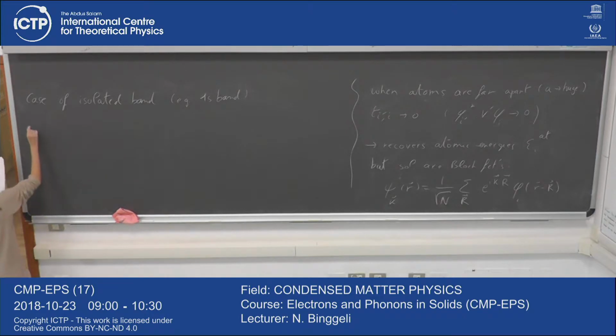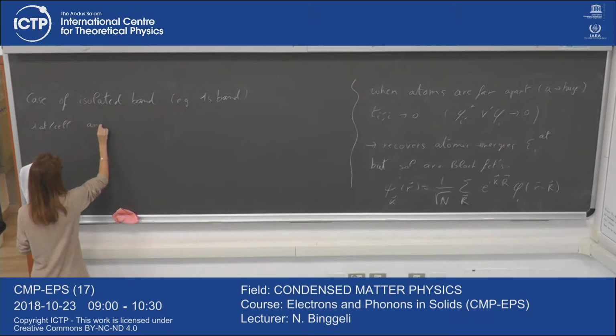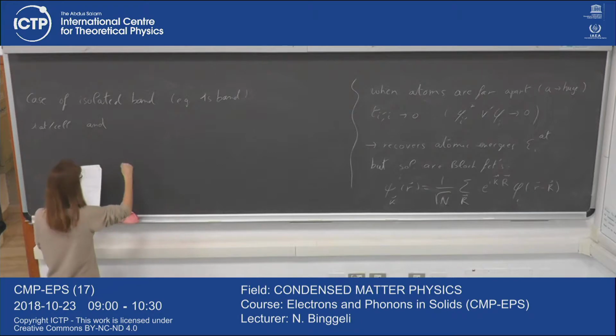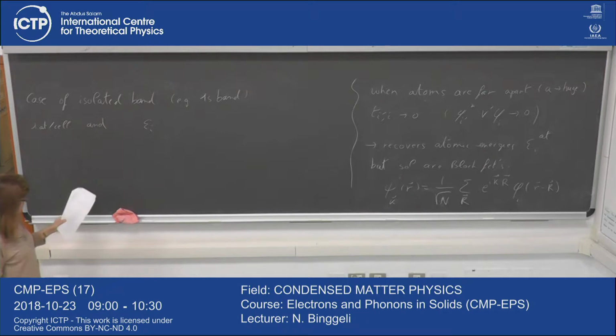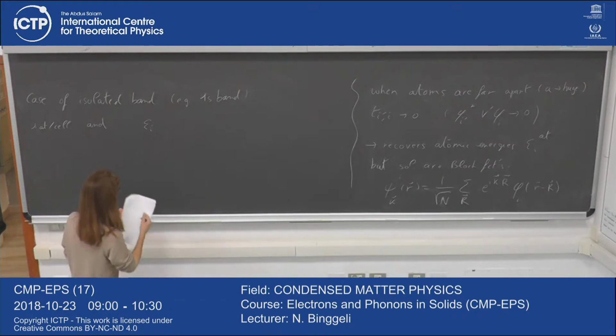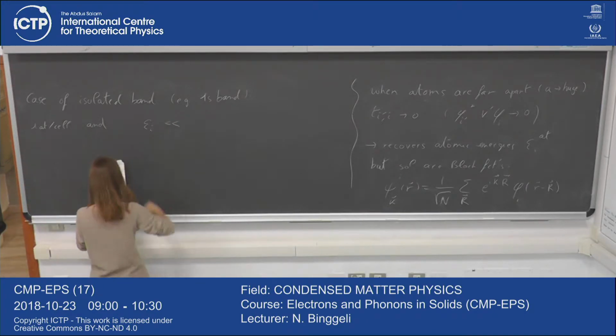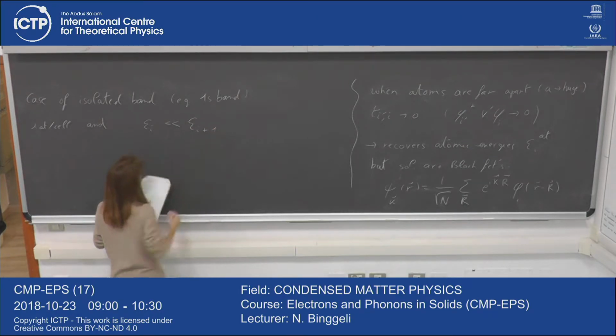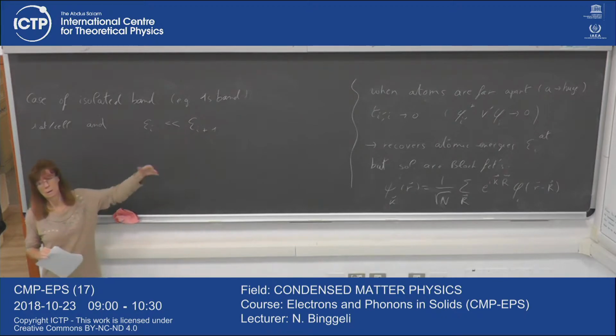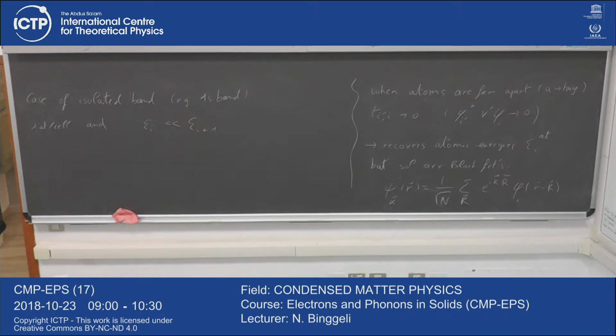So in the case of one atom per cell, and if I consider that my atomic energy epsilon I is much smaller than the other atomic energies, this would be the case of the 1s band.